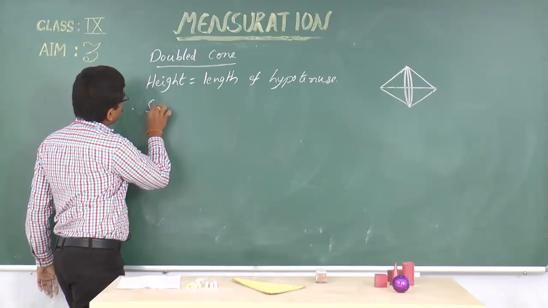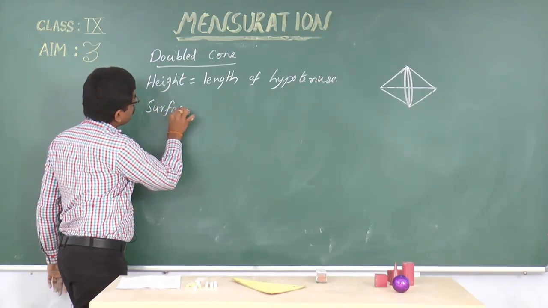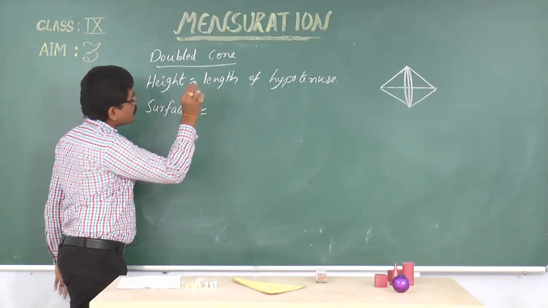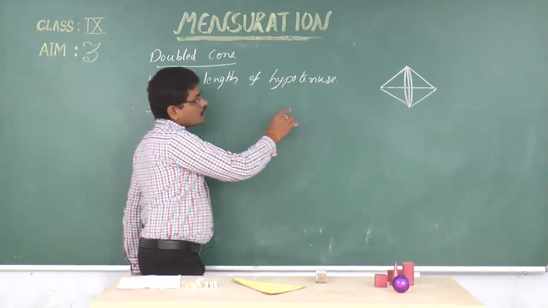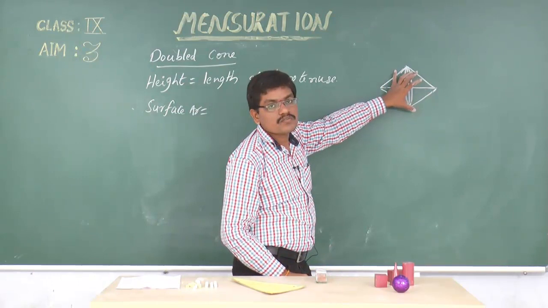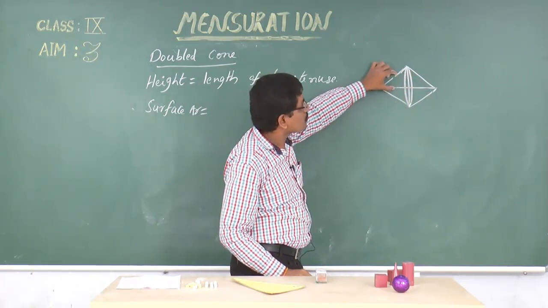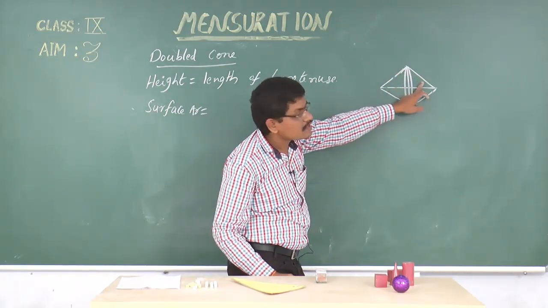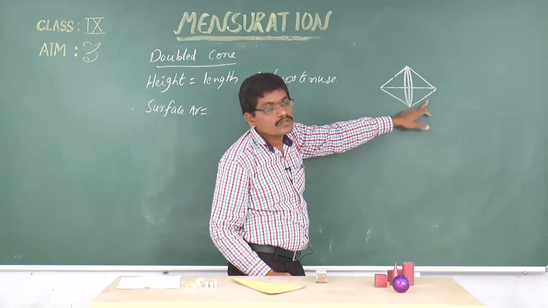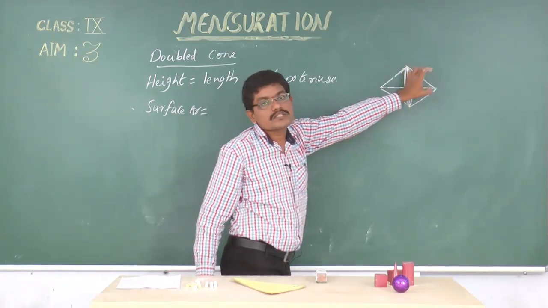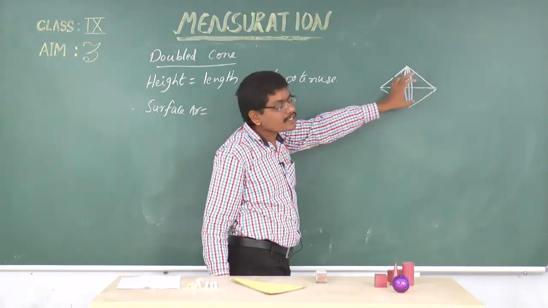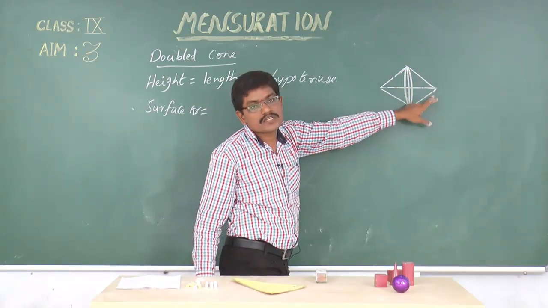And next, surface area. To get the surface area for this figure, this is one cone and this side is another cone. So we have to add CSA of cone 1 and CSA of cone 2, then we will get the total surface area.